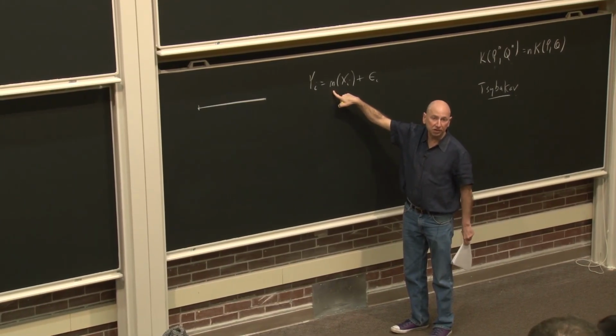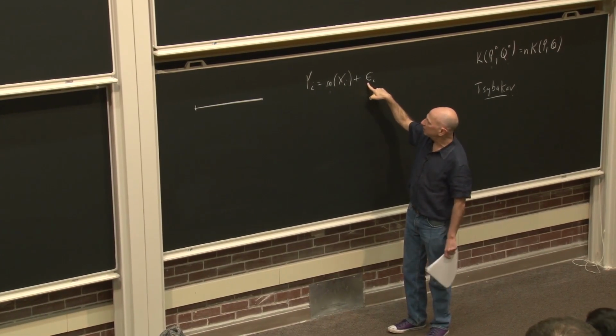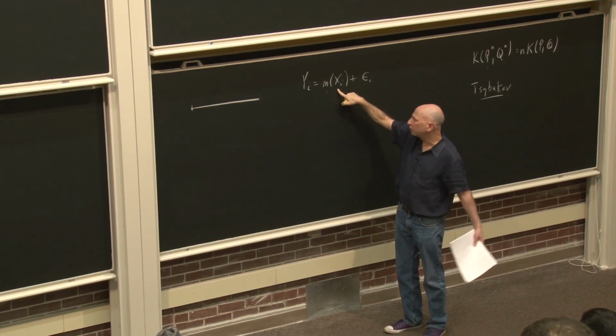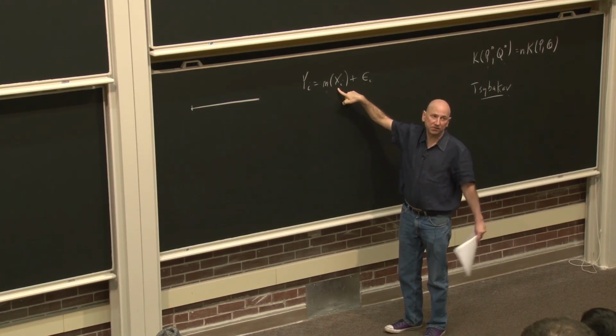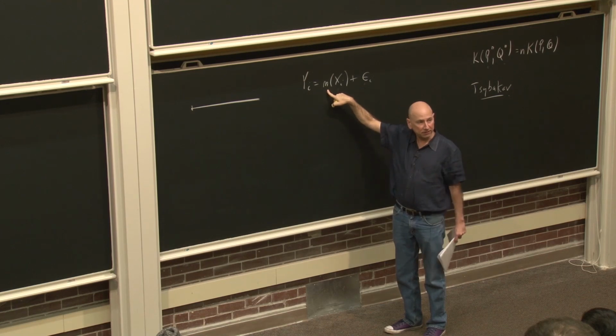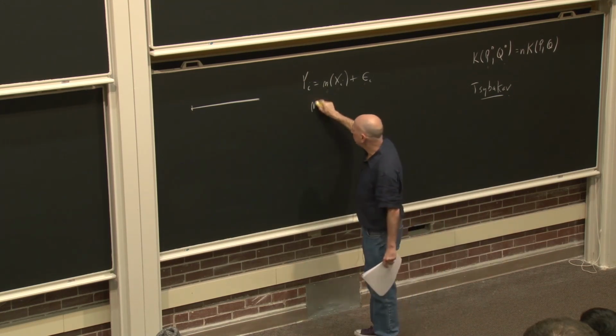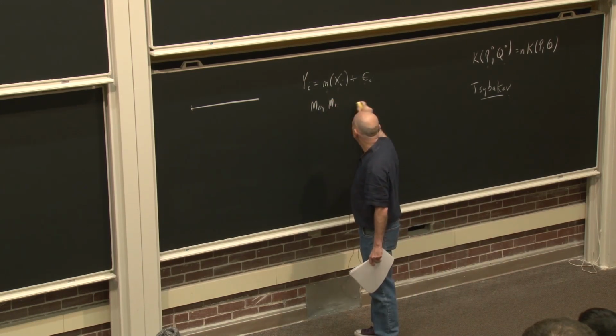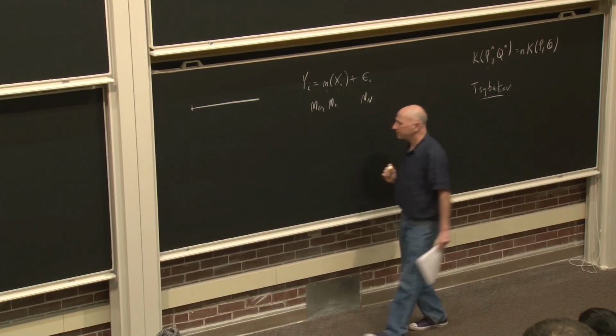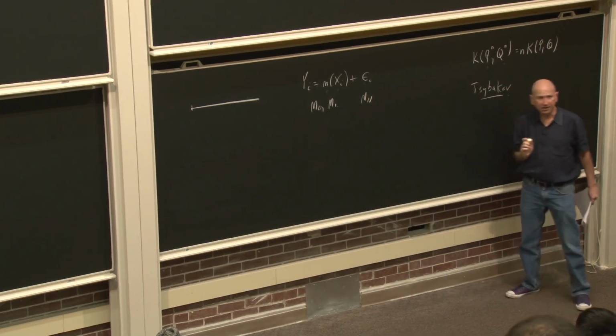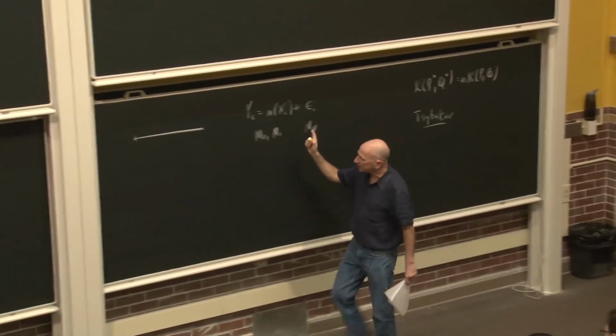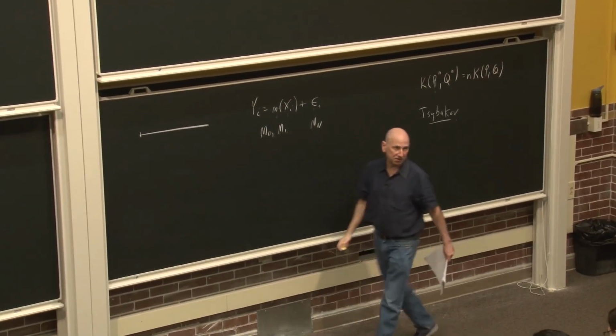Every regression function is going to define a distribution. Maybe we'll take this to be, say, normal. I'll take this to be uniform, or sometimes we even take them to be fixed to simplify things. The key is that you have to pick different regression functions. So we have to pick an M0, an M1, an Mn. How do you construct them? Well, M0 we usually take to be the zero function, just for simplicity.